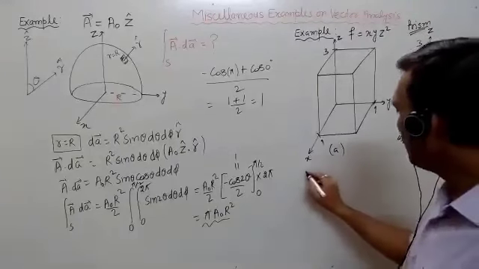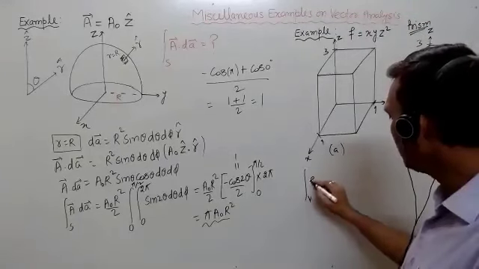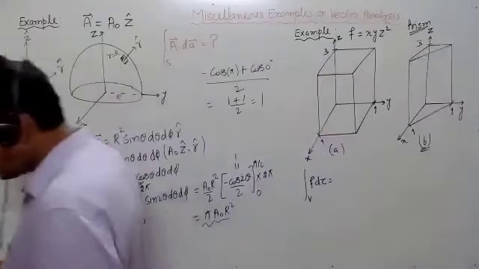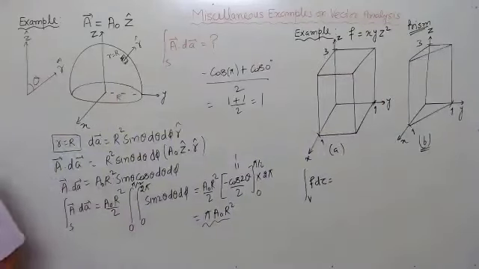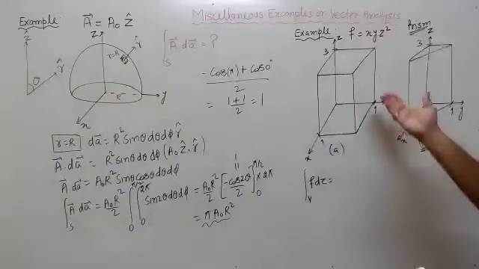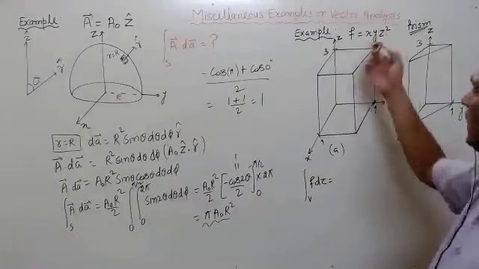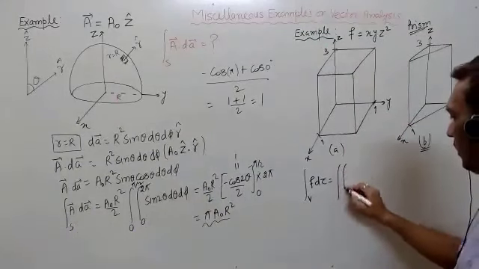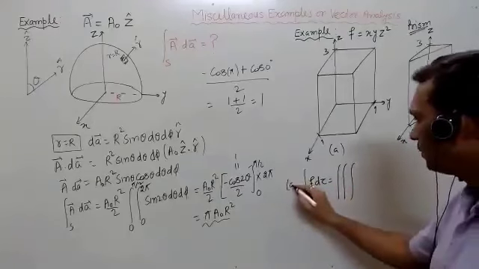In both cases, you have to find the volume integral of f d tau. Let us calculate f d tau in both cases. So how will we calculate f d tau? You can see f is given in Cartesian and the symmetry is Cartesian, so you can easily calculate. First calculate for the A part.